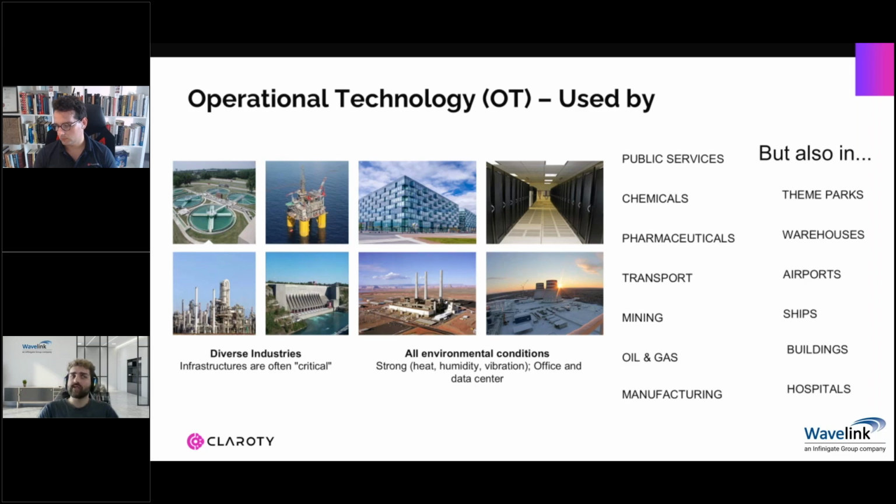And OT is found in industries such as your manufacturing, oil, gas, utilities, transportation. But interestingly enough, many people aren't aware that OT technology is being used in a variety of different industries such as healthcare, construction, and even warehousing too. And when we refer to OT, we're really talking about systems such as industrial control systems, SCADA systems, PLCs, which are really essential for managing and automating industrial processes.